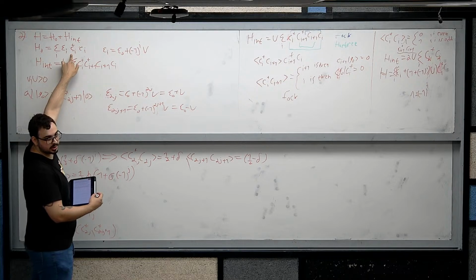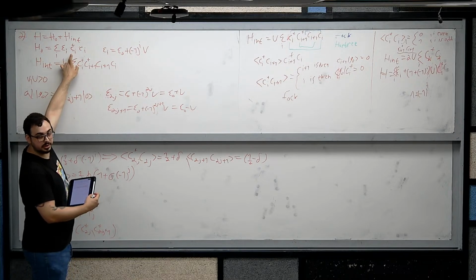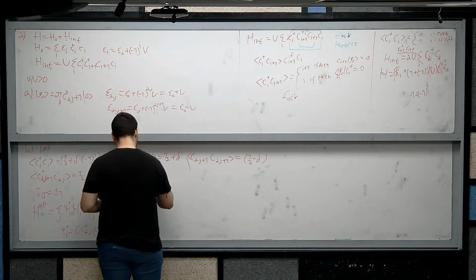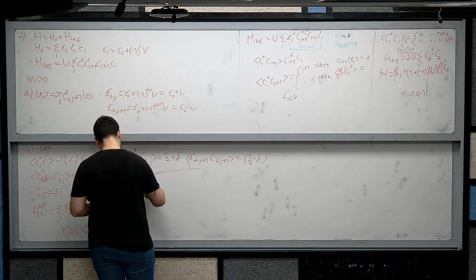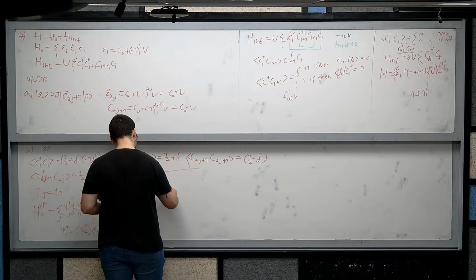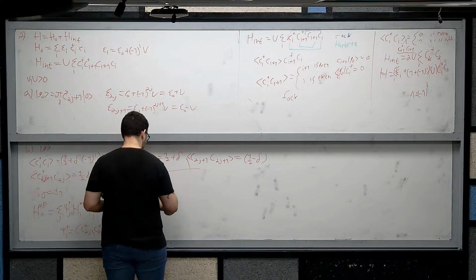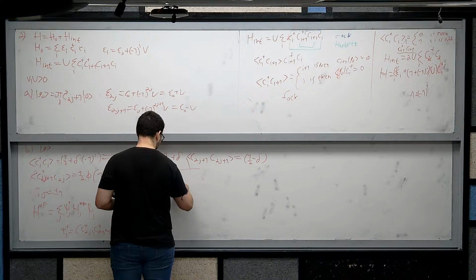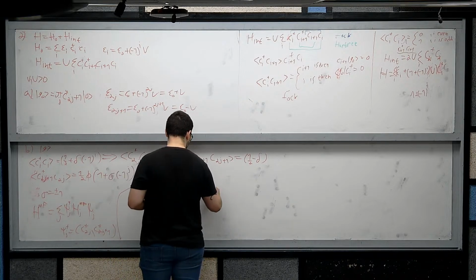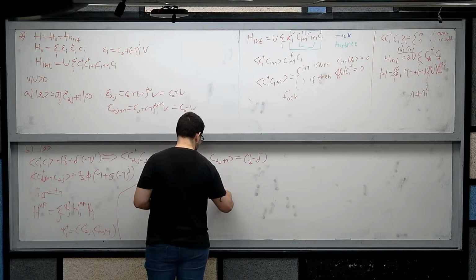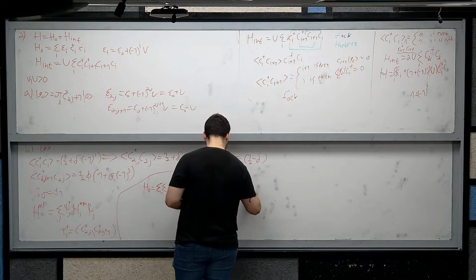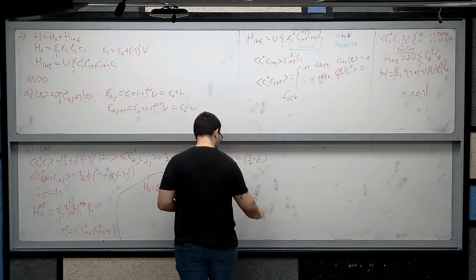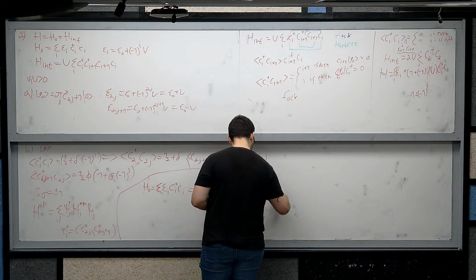Let's first correct this Hamiltonian so it will be separated into even and odd terms. H0 equals the sum over j of epsilon 2j C2j dagger C2j plus epsilon 2j plus 1 C2j plus 1 dagger C2j plus 1.